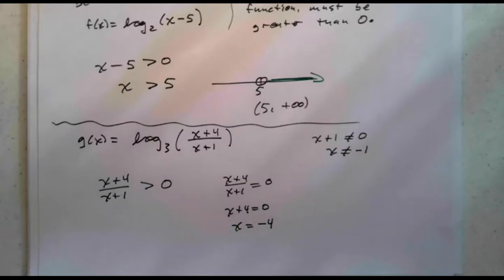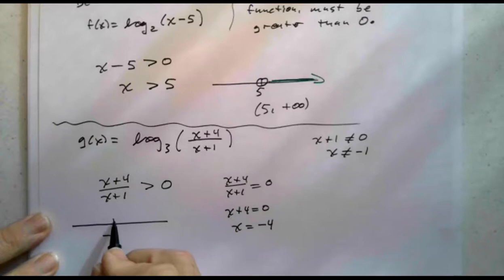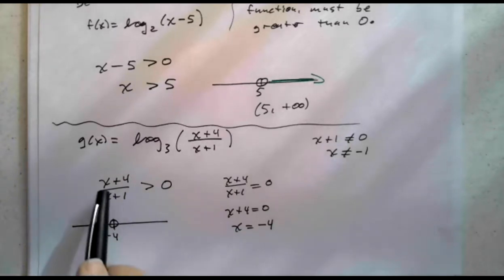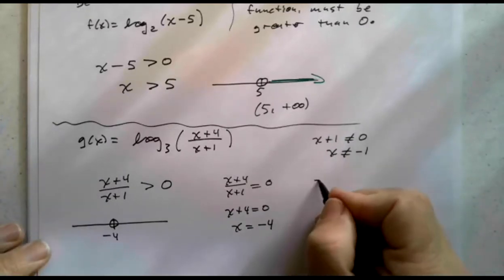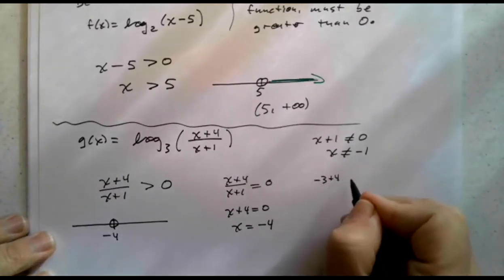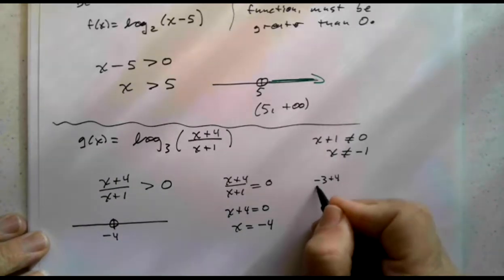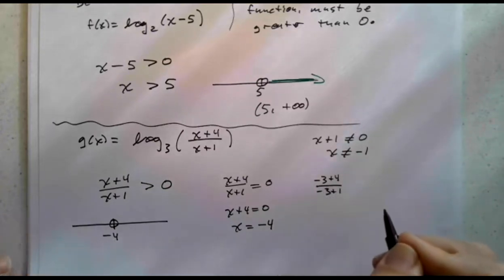So where is this thing greater than 0? We're saying negative 4 is where we're starting. Well, I hope it's obvious. If I choose numbers to the right of negative 4, like negative 3, for example, negative 3 plus 4 is 1, compared to negative 3 plus 1, what do we get?